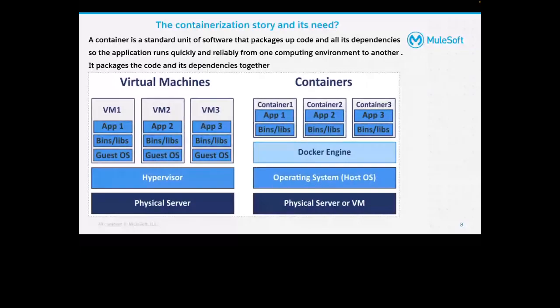That is a limitation that we have on-premise, and to mitigate that issue, it also gives you flexibility, right? You can run multiple different runtimes at the same time, and you can start with 0.02 vCores for a Runtime Fabric application that you deploy.